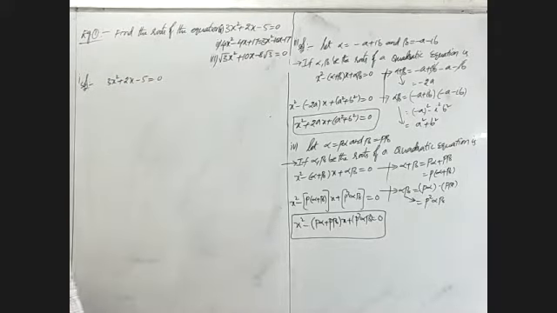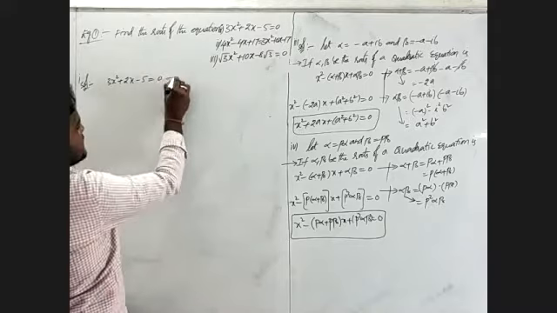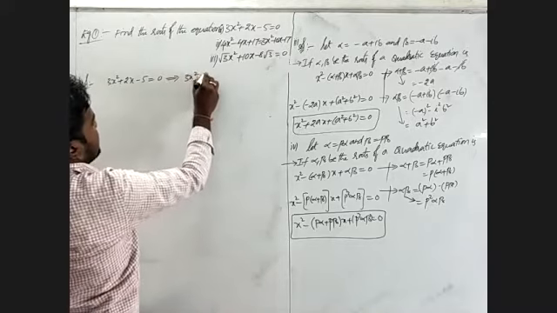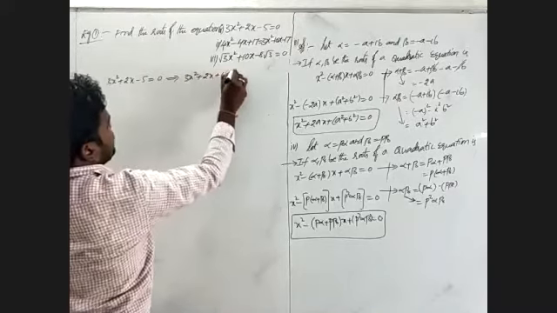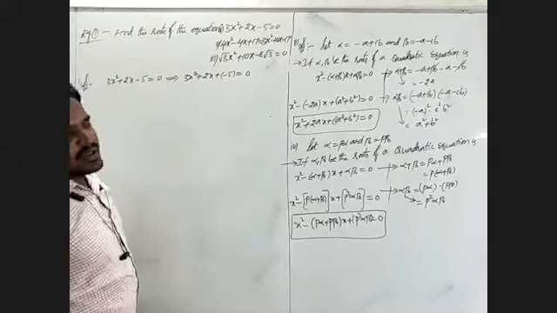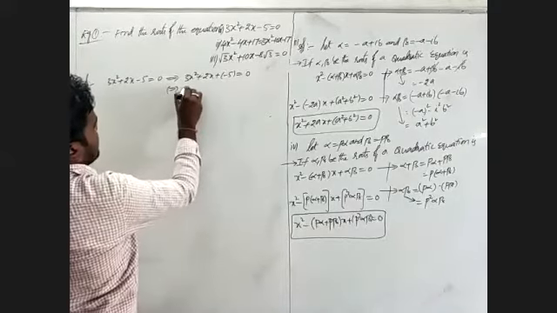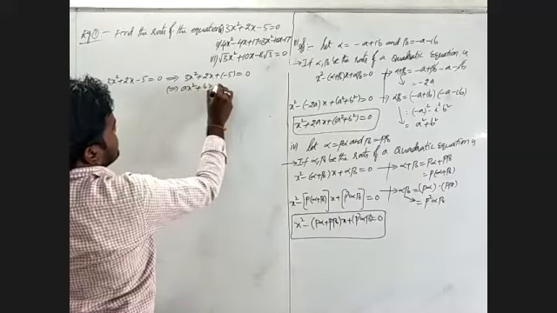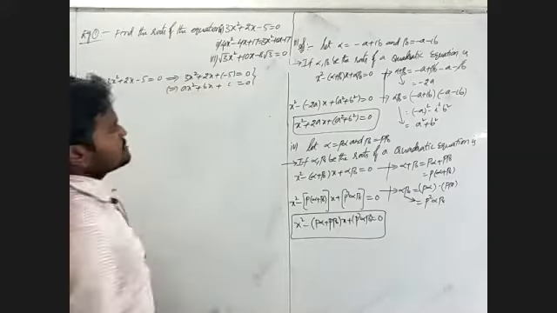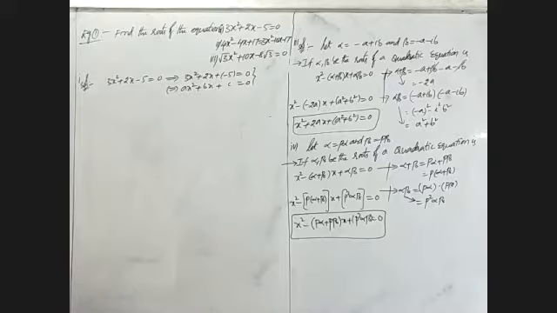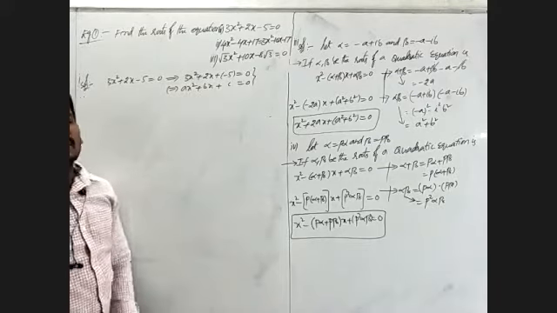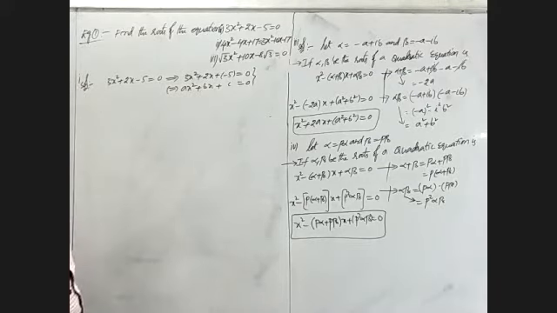First, I am going to the first one, that is 3x square plus 2x minus 5 equal to 0. The given one can be written as 3x square plus 2x plus of minus 5 equal to 0. The given one can be compared with ax square plus bx plus c equal to 0, which is a quadratic equation.